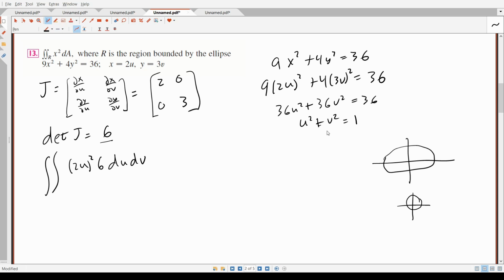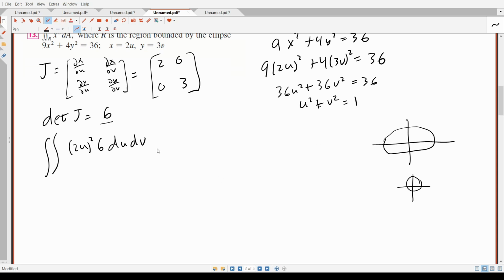So this really suggests that I should do polar coordinates. But let me try it first without polar coordinates. This is going to be 24, right? 4 times 6 is 24. The integral of u squared du dv.